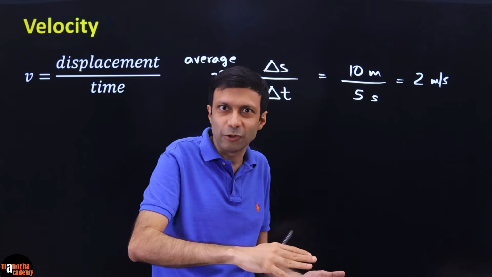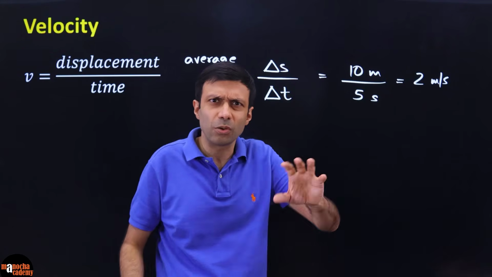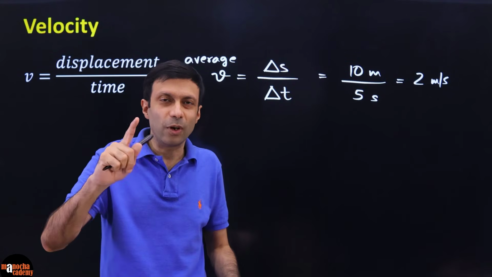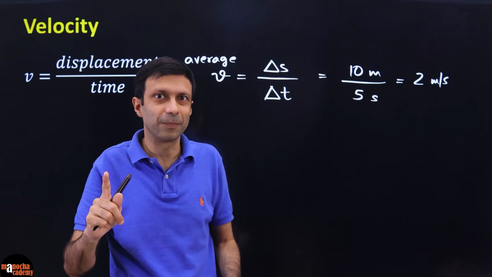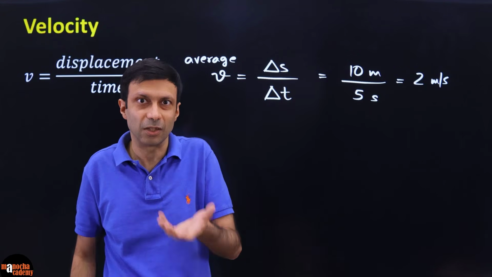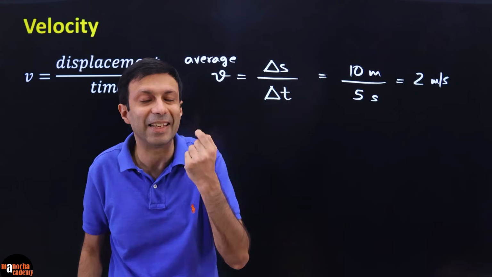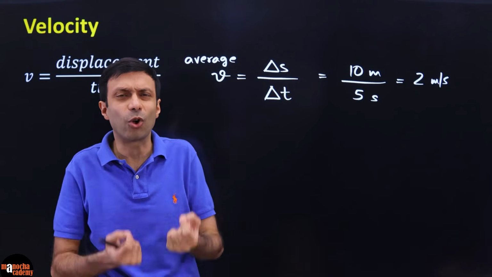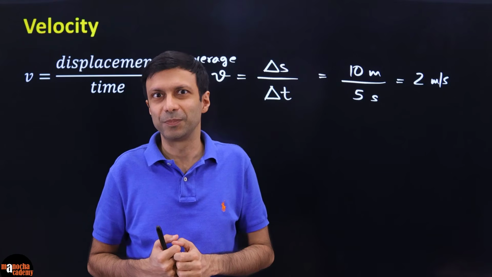When you are stopped, it will show 0. When you're going slow, 10 kilometers per hour. So you have seen the speedometer constantly changes, and it is giving you the magnitude of this velocity, the speed at that instant. So that is what we call instantaneous velocity.